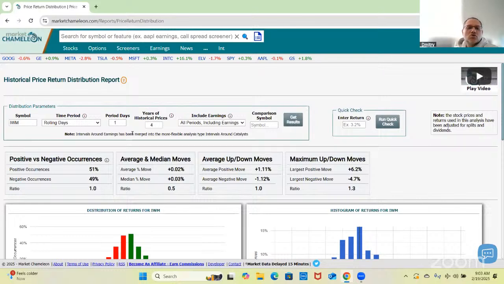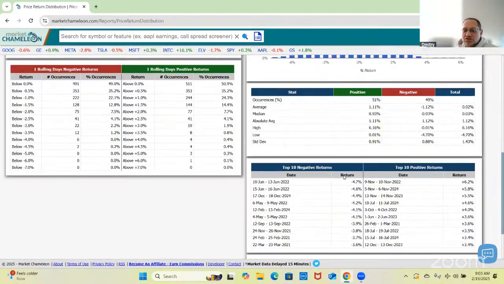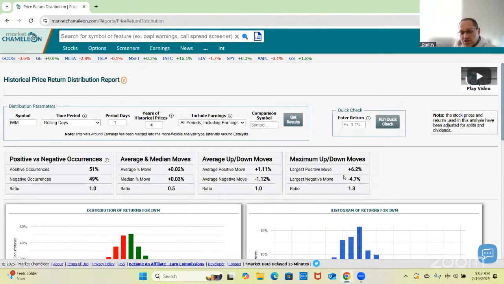And here we have some default settings, and then it gives you, just from the default settings, these summary statistics that we discussed yesterday.